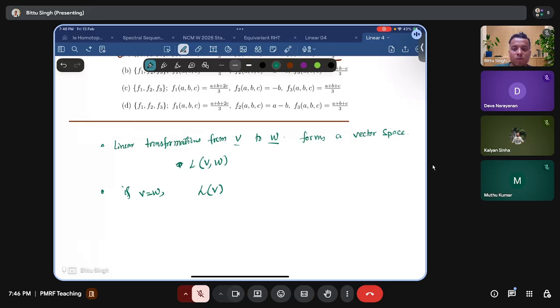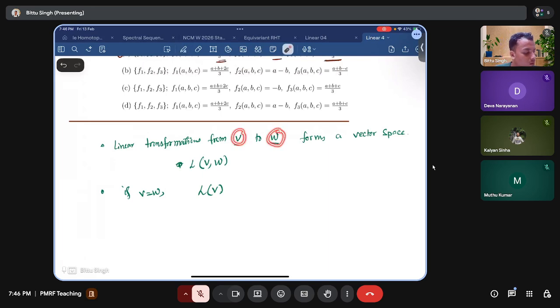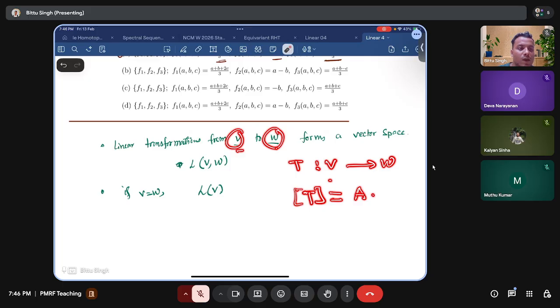Why? Because if you represent V and W by their coordinates, then the transformations from V to W are nothing but matrices. So T with respect to some bases beta and beta dash will be simply a matrix, and you already know that the set of matrices forms a vector space.